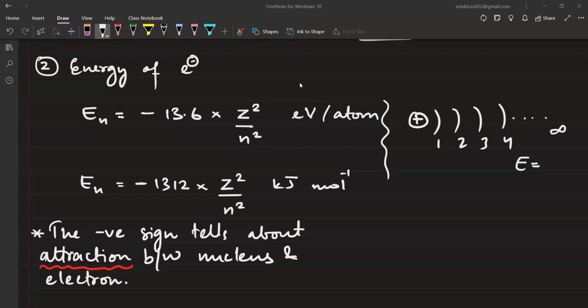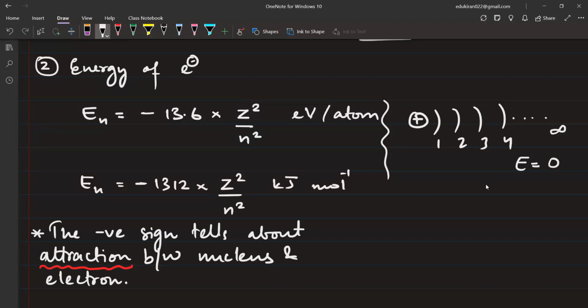No, no, think a little. If the electron is very far away from the nucleus, will there be any attraction? No. Zero. If there is no attraction, then energy will be zero.